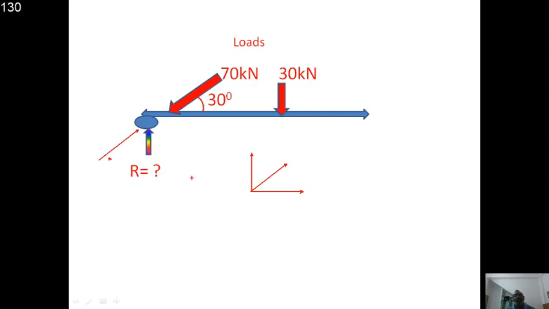The total forces are 70 kilonewtons and 30 kilonewtons. The total force can be resolved as an inclined force at the resultant point of the hinge support. Therefore, this R has been resolved into two terms, that is Rx and Ry.